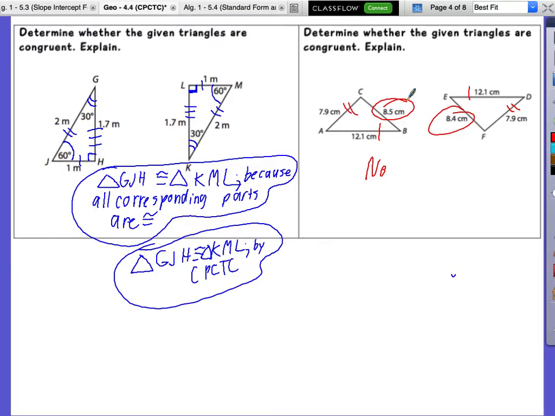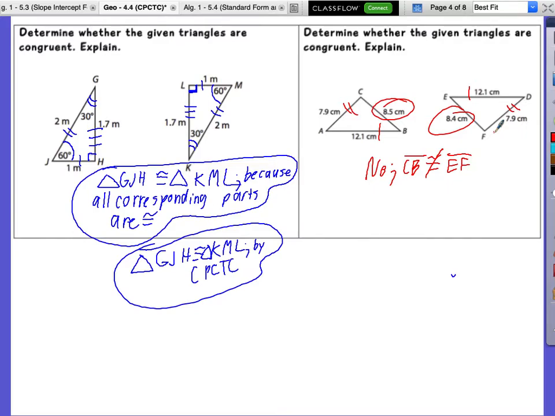Questions? Okay. Kaylin, what did you have as your explanation? Okay. Would this be an okay explanation? Segment CB is not congruent to segment EF? Yeah. So, explanation could be. What do you have?